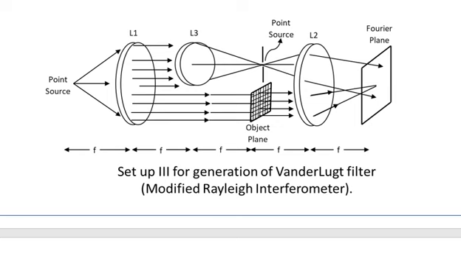The light will pass through the object and will be received at the lens L2. The object is placed at the front focal plane of the lens L2. The lens L2 will generate the Fourier transform of this object at its back focal plane, which we have labeled as the Fourier plane.